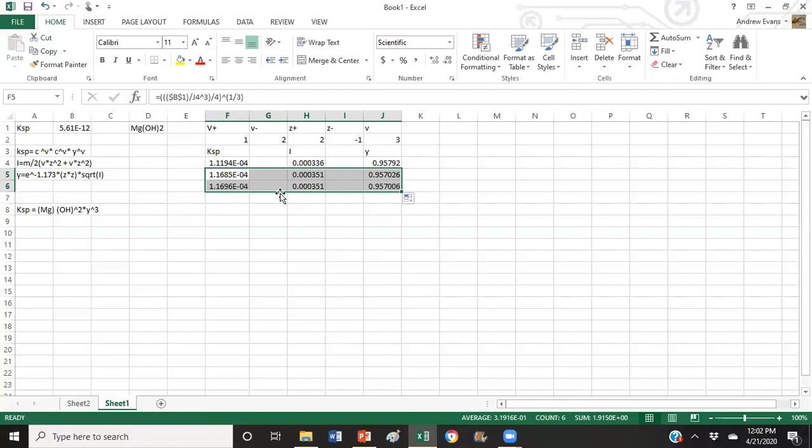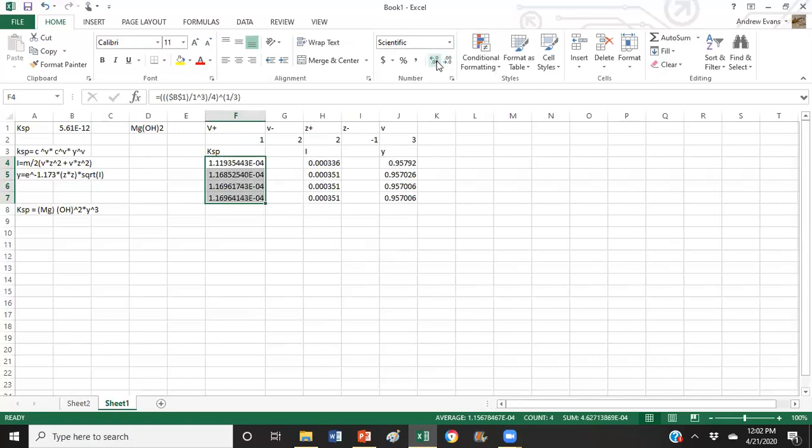1.69. It changes a bit. You can keep doing this, and if you write the correct equation, you get to the point where it doesn't change any significant amount. If I went out more and more fractions, you'd see the difference. This one's different from this one on these units, but to that extent, it's not nearly as big of an effect.